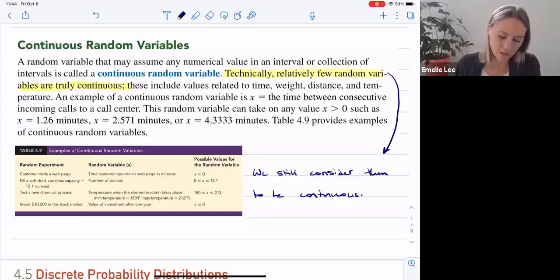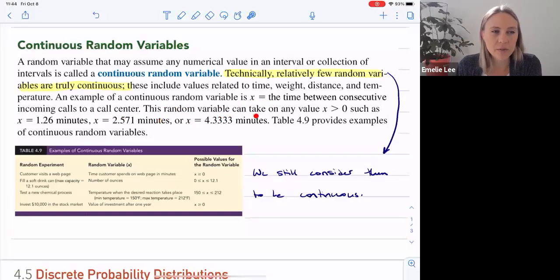Okay. So they've got the example of a continuous random variable X. Usually we denote random variables by X or Y or Z, letters from the last bit of the alphabet typically. And it'd be the time between consecutive incoming calls to a call center.